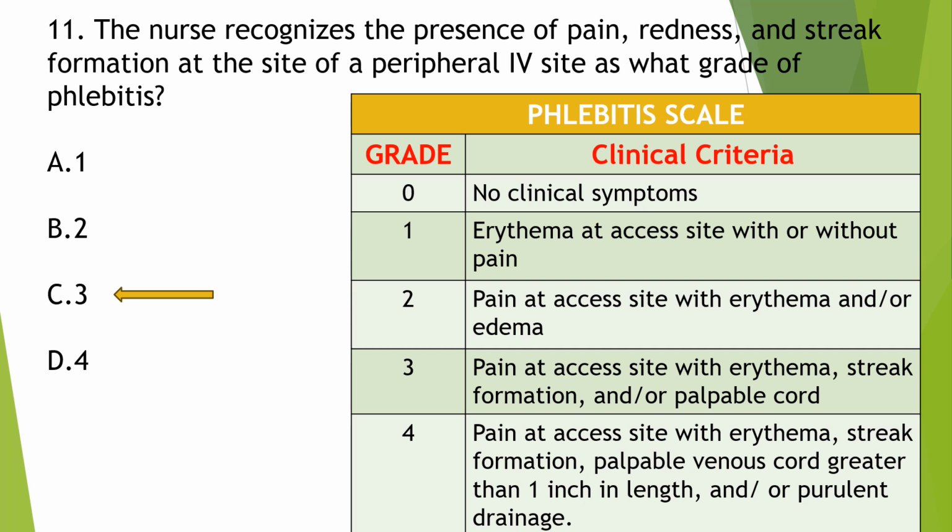Pain at access site with erythema, streak formation, line formation, some differentiation you can see, and a palpable cord or vein, that is seen in grade 3. Pain at access site with erythema, streak formation, palpable venous cord greater than 1 centimeter in length, and sometimes purulent discharge means grade 4. Here the patient is having pain and redness, that is erythema, and streak formation, that means grade 3.